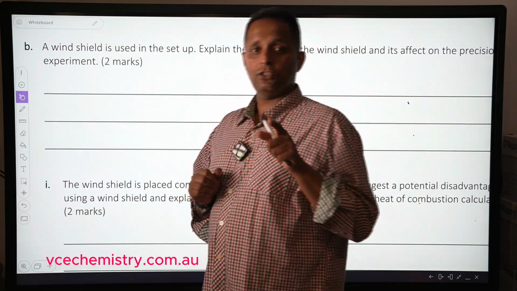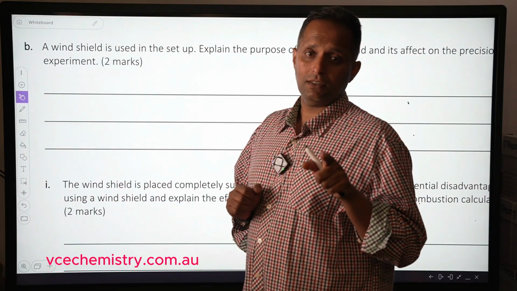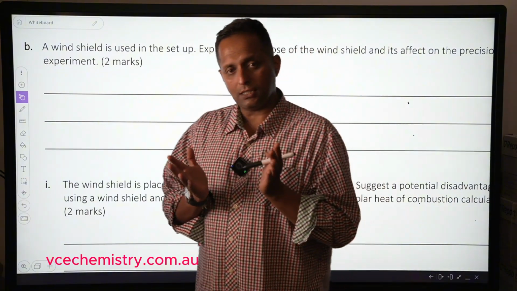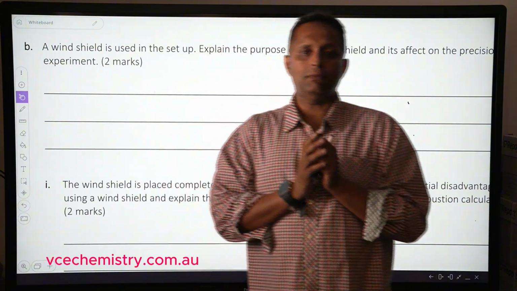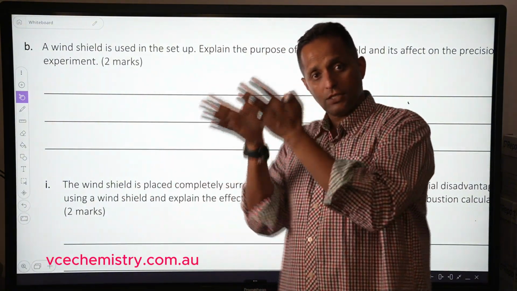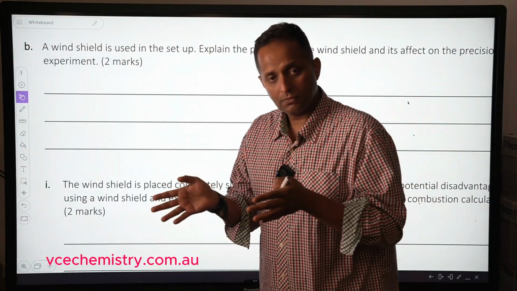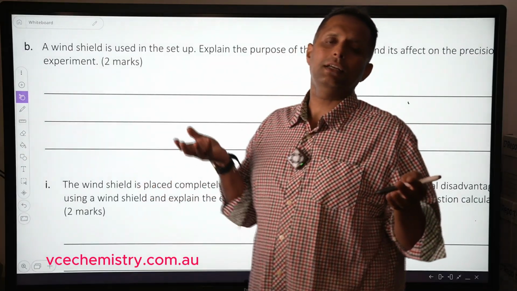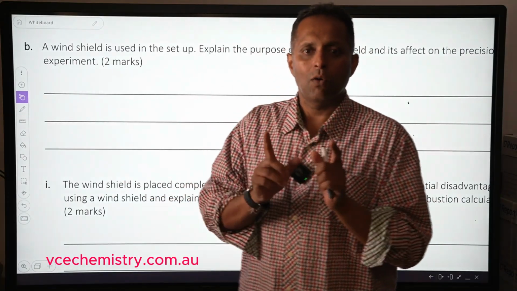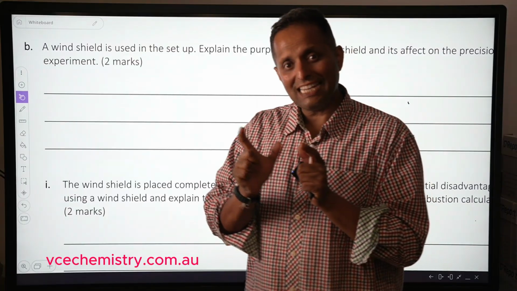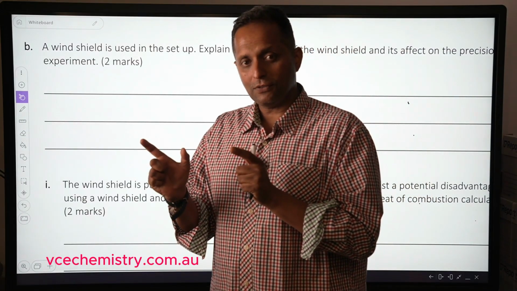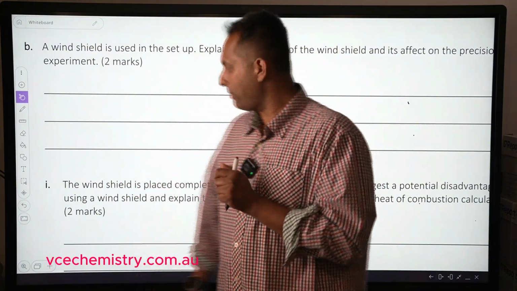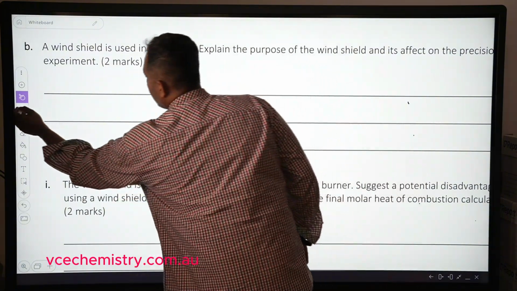As you know, every solution comes with a trade-off. Having this windshield completely surrounding the flame can block oxygen coming into the flame. So what happens? You don't get enough oxygen, which means incomplete combustion. Incomplete combustion releases a lower amount of heat to the water. Let me write that here.